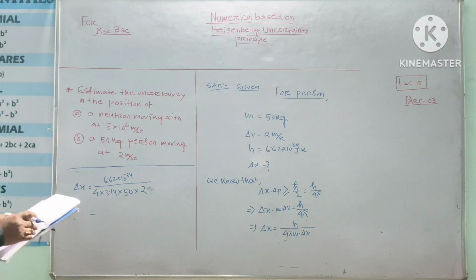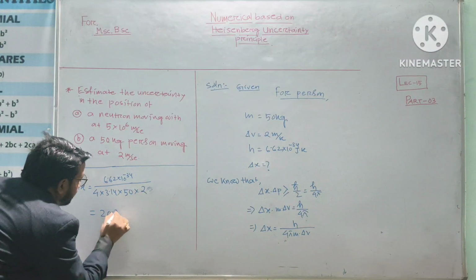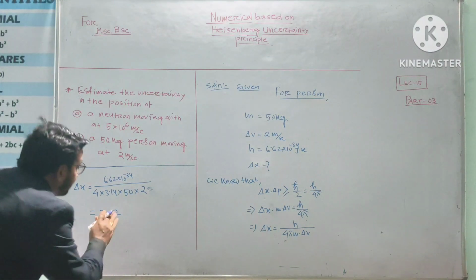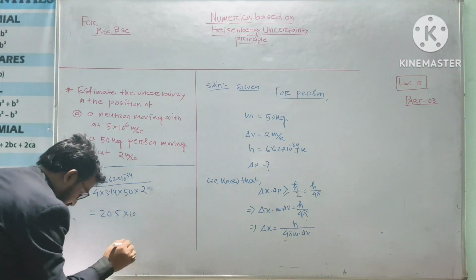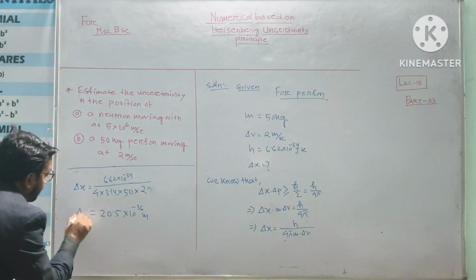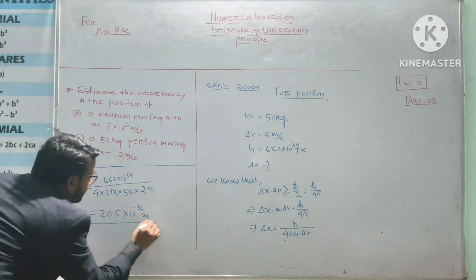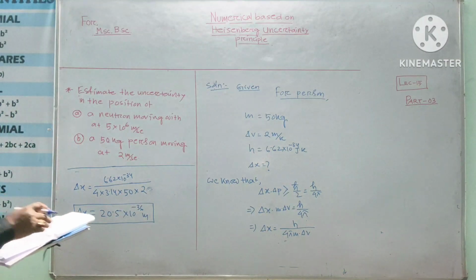After solving this, we will get 20.5 into 10 to the power minus 36 meter. So this is our required result, the uncertainty in position of the person. Okay.